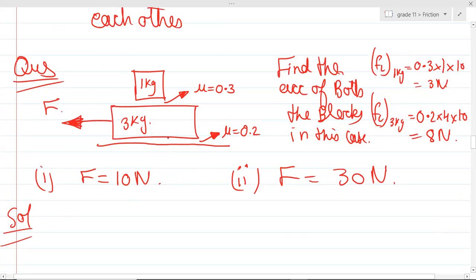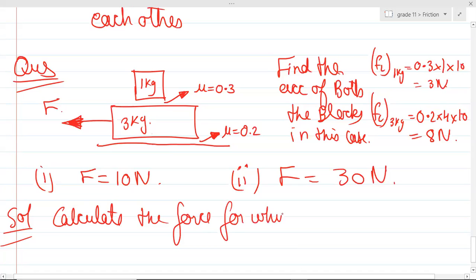So first and foremost, always remember, you should calculate that force for which both move together. Is this clear? So what is that force?